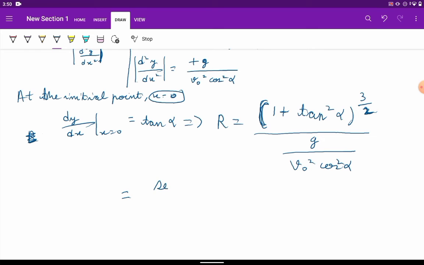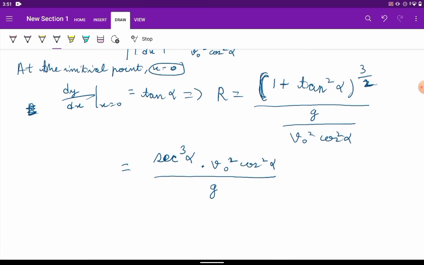So secant square whole power 3 by 2 becomes secant cube alpha, and v naught square cos square alpha comes in the numerator, divided by g. Cos square alpha will cut secant square alpha, so we're left with secant alpha. We can also write it as v naught square by g cos alpha. So this is your radius of curvature at the initial point.